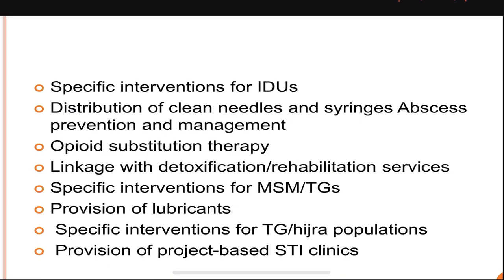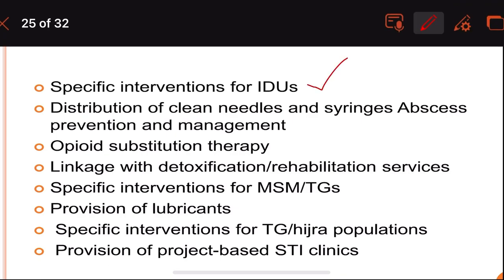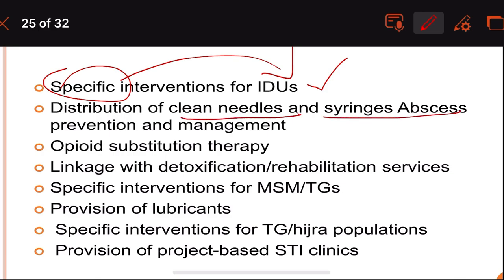The specific interventions for groups like the drug users, intravenous drug users, are performed in this group. Distribution of clean needles and syringes, abscess prevention and management. We are also providing clean needles and syringes, abscess prevention and management. Moving further, opioid substitution therapy, linkage with detoxification and rehabilitation services.